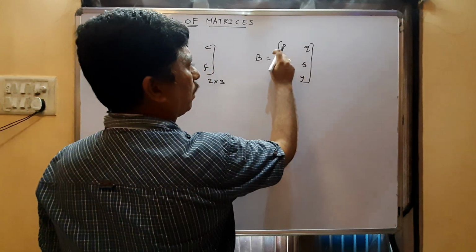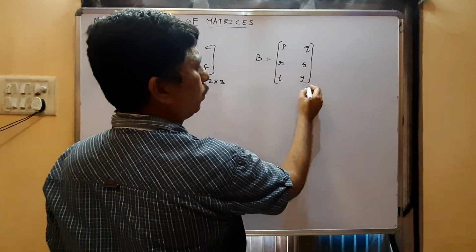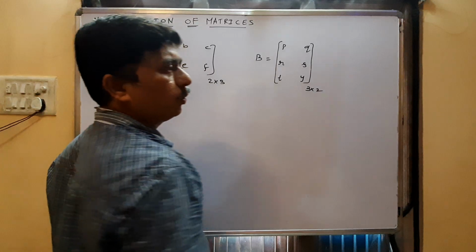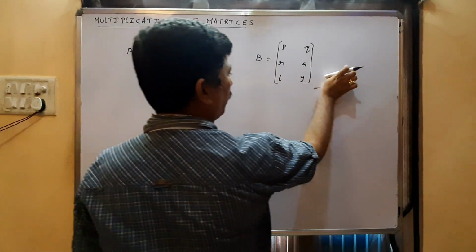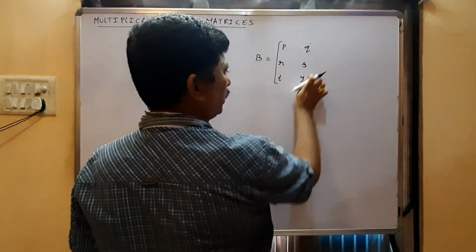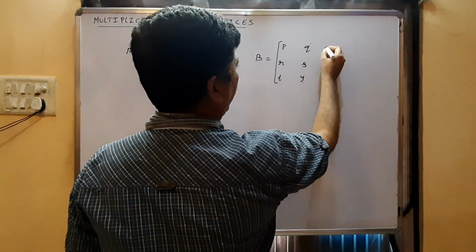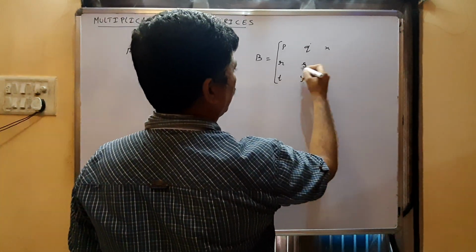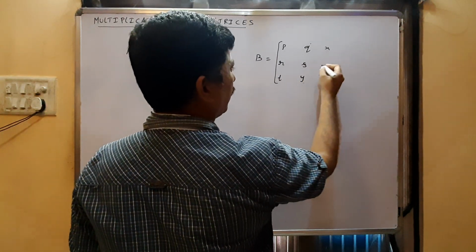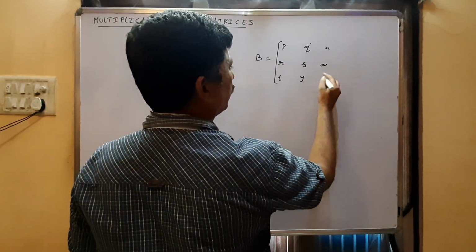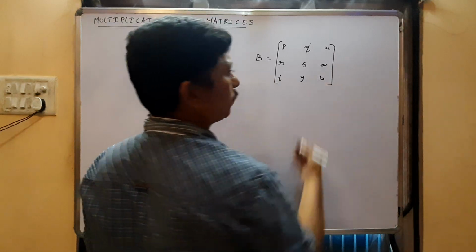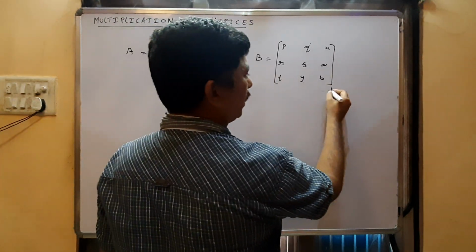This matrix has 3 rows and 2 columns, so 3 by 2. If you want, you can take one more column, no problem at all, that is your choice. I will take some other values, x, p, q, r, s, t, a, and b here. So now this is a 3 by 3.